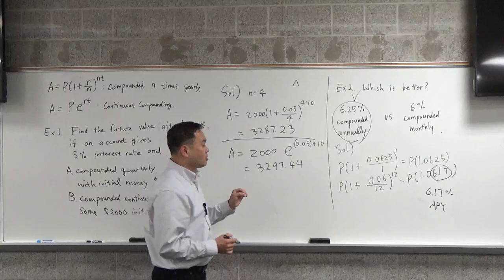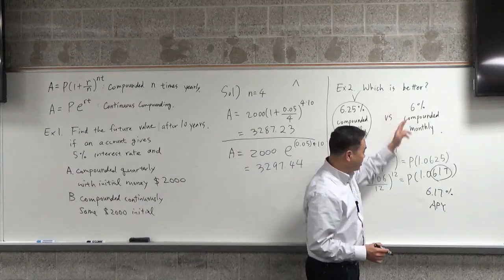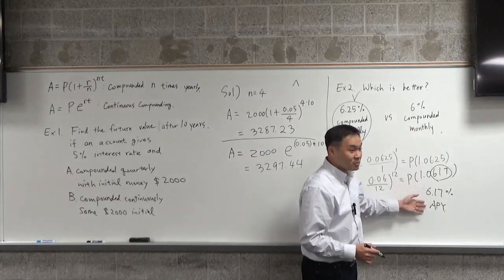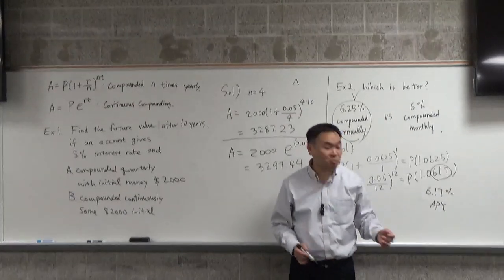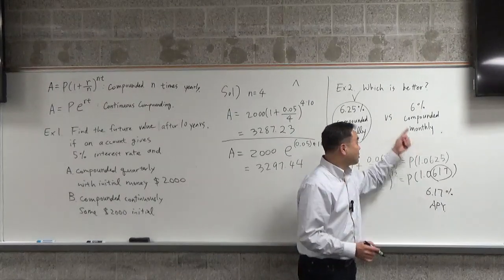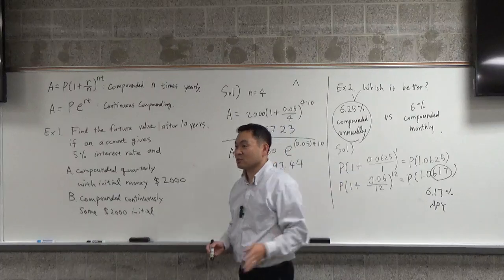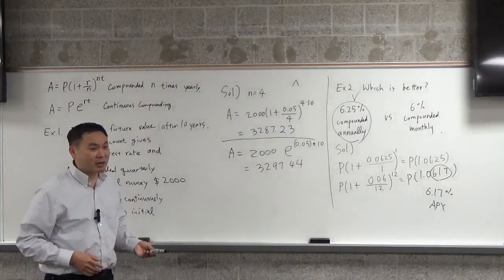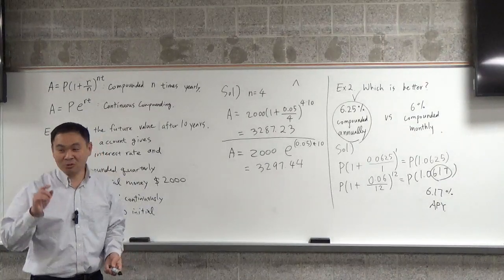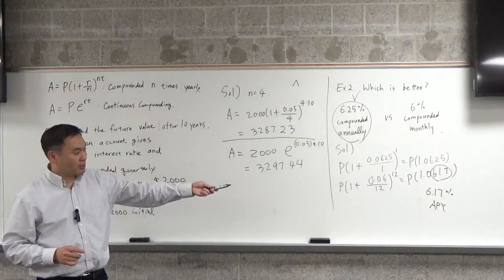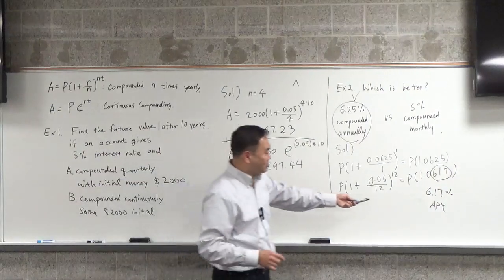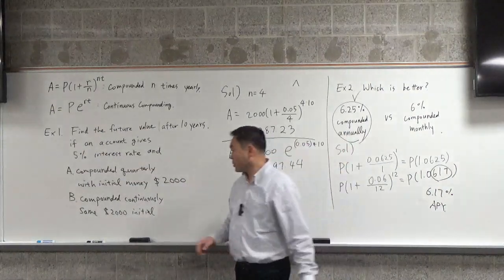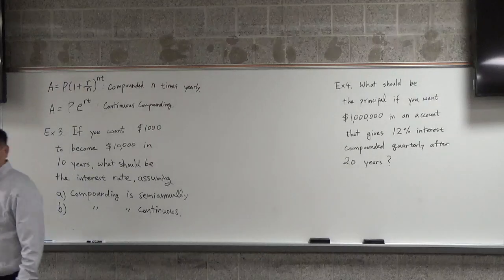APY is slightly bigger, and that's why banks always put the APY in there rather than the APR, because it looks better. So next time you pass by the bank, look for that acronym, annual percentage yield, APY. Okay, let's try out these questions.